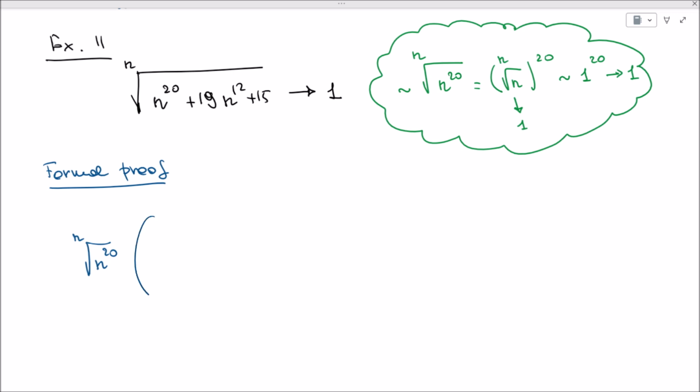So what we have now is the nth root of n to the 20 times the nth root of 1 plus 19 divided by n to the 8 plus 15 divided by n to the 20.